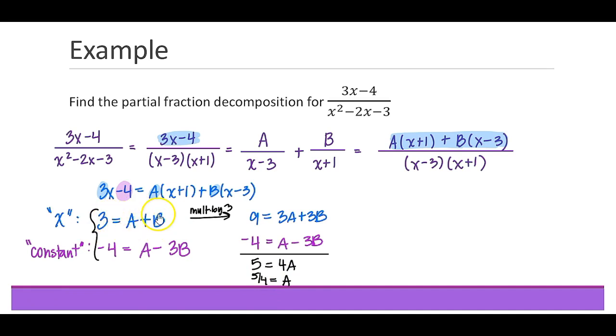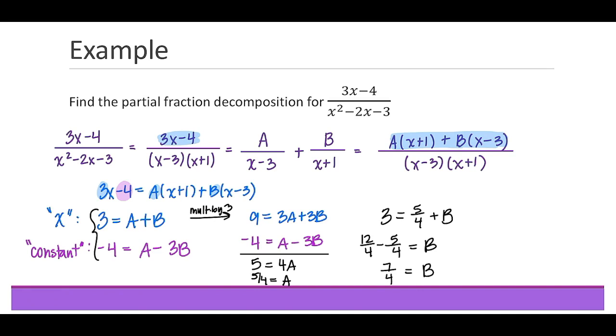So I'm going to substitute 5 over 4 into 3 equals a plus b, that original equation. So I'll have 3 is equal to 5 over 4 plus b, and I'm going to solve for b. So I have 3, which I'm going to rewrite as 12 over 4, minus 5 over 4 is equal to b. So b is 7 over 4.